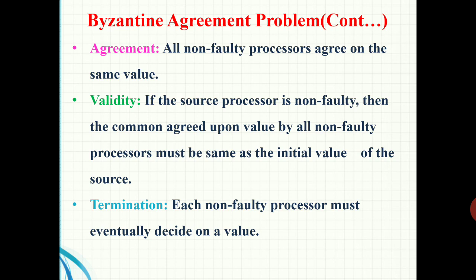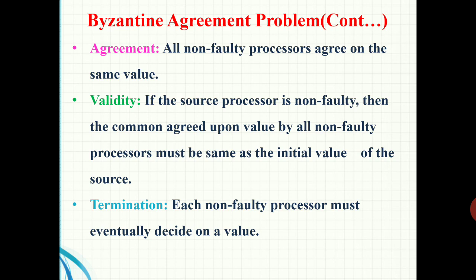That means if a particular source processor has some value, then after the agreement, all non-faulty processors in the system must be initialized with the same value as the source processor. That is about validity. Then the third objective is termination. Each non-faulty processor must eventually decide on a value.